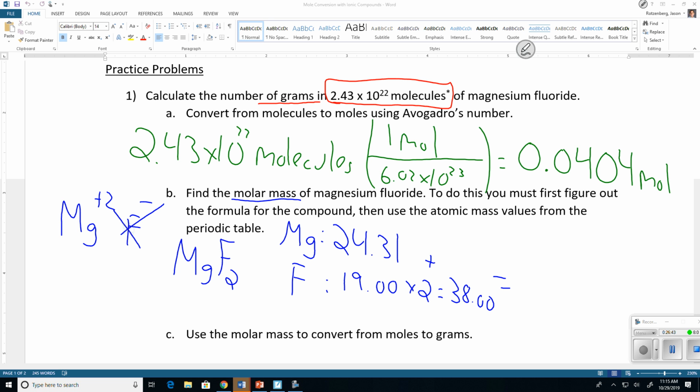If I add those 2 values together, that gets me the molar mass. That's how many grams per mole magnesium fluoride is. Okay?